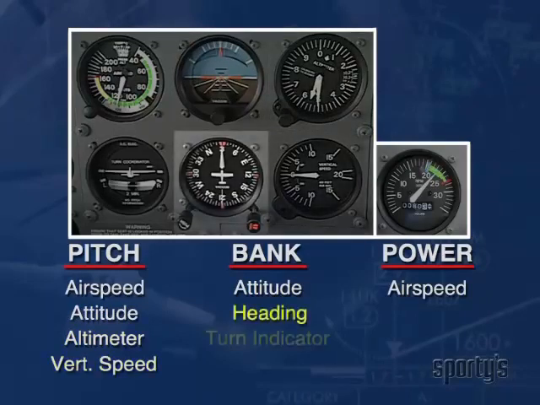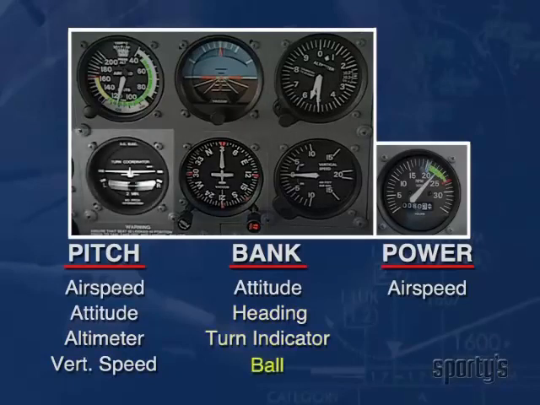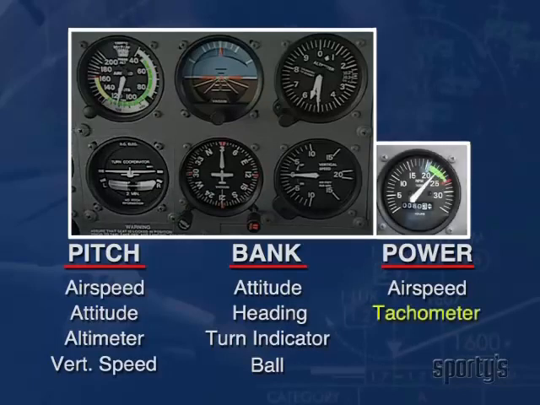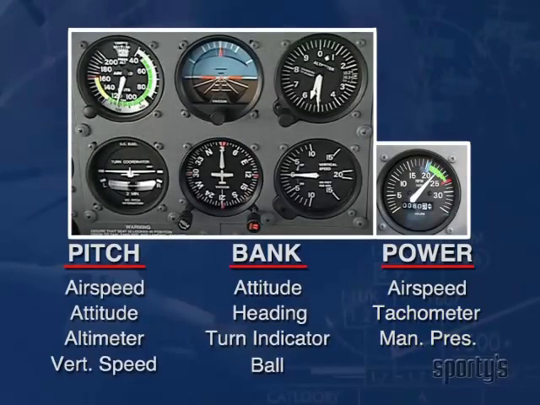The heading indicator, turn coordinator, or turn needle and the ball, or slip-skid indicator, complete the lineup in the bank column. To avoid confusion, we'll use the name turn indicator for both the miniature airplane of the turn coordinator and the turn needle. Power instruments are completed with the tachometer or the combination of the tachometer and manifold pressure gauge. Depending on the maneuver, each of these instruments will sometimes play the leading role and at other times may be in a supporting role.